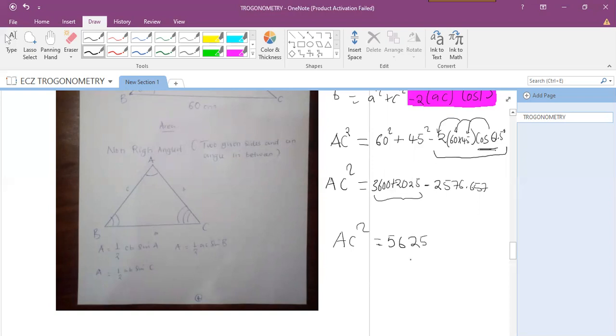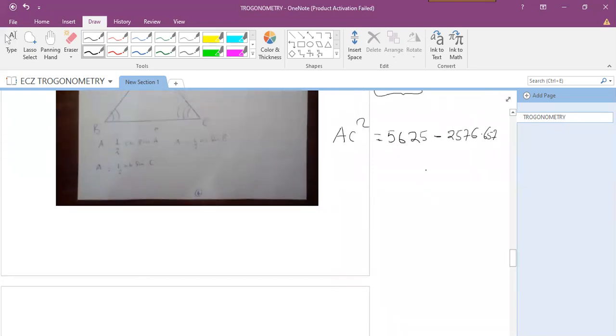So minus 2,576.657. Subtract these two for me. 5625 minus 2,576.657.